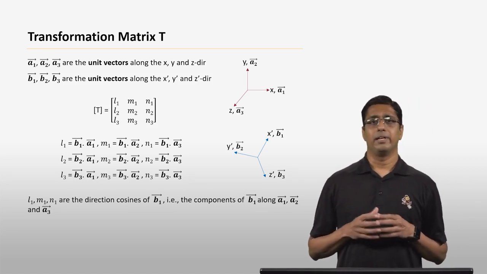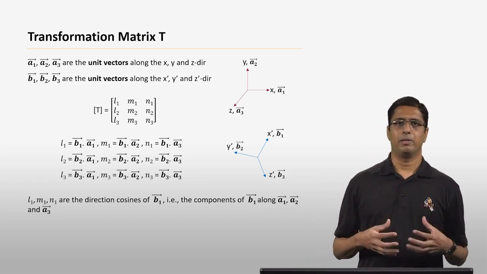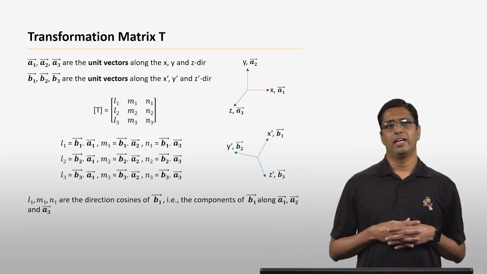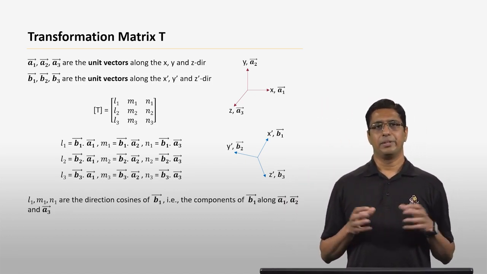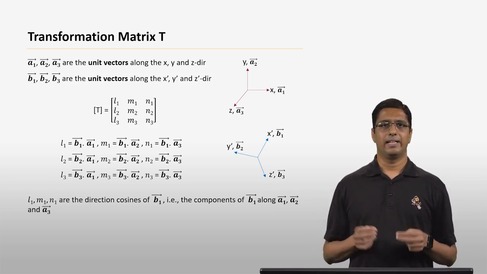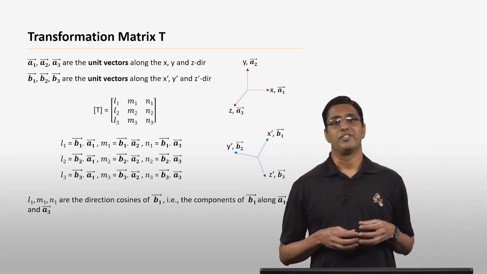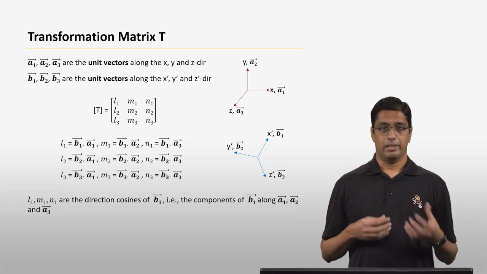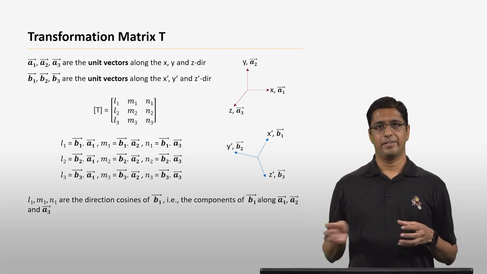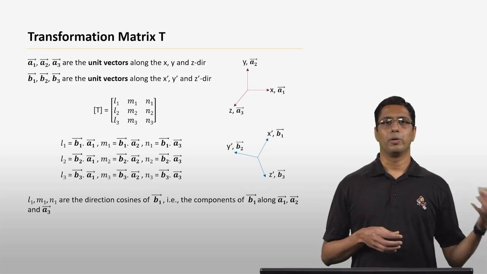And once you have a1, a2, a3, and b1, b2, b3, then we can form the transformation matrix T. Okay? So the transformation matrix T is usually denoted in the form L1, M1, N1, L2, M2, N2, and L3, M3, N3. Okay? This L1, M1, and N1 are essentially derived by taking the dot products of the unit vectors in the new coordinate system with the unit vectors in the old coordinate system.